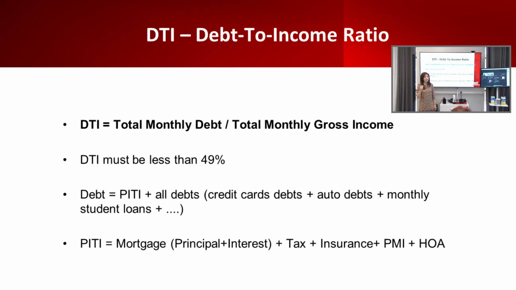If somebody makes $10,000 a month, the lender wants that person to only spend $4,900 as the maximum on paying for mortgage, insurance, and property tax for the property. Why? Because he earns $10,000 and he pays $4,900 for his monthly mortgage, monthly property tax, and monthly home insurance.